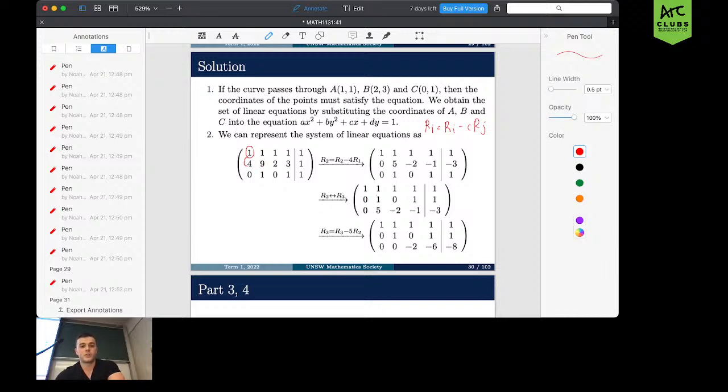Do row 2 minus 4 row 1 here, and you'll get the next element. And then you'll get these. And then you do row 2 minus 4 row 1 here, and so on. And so what you get is this new augmented matrix, and you simply disregard the other one. This is the one that you're working with from now on.